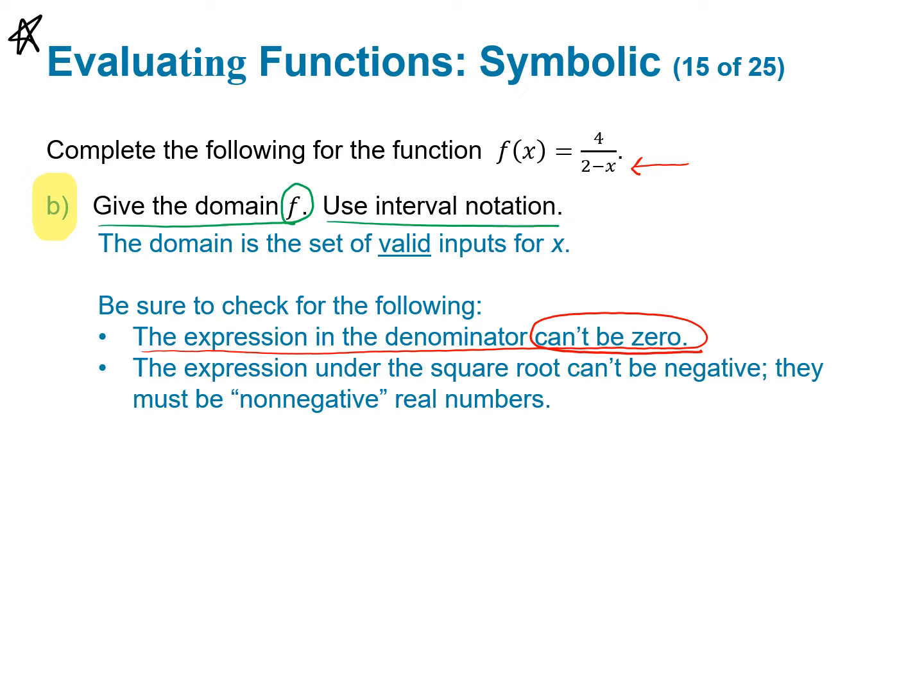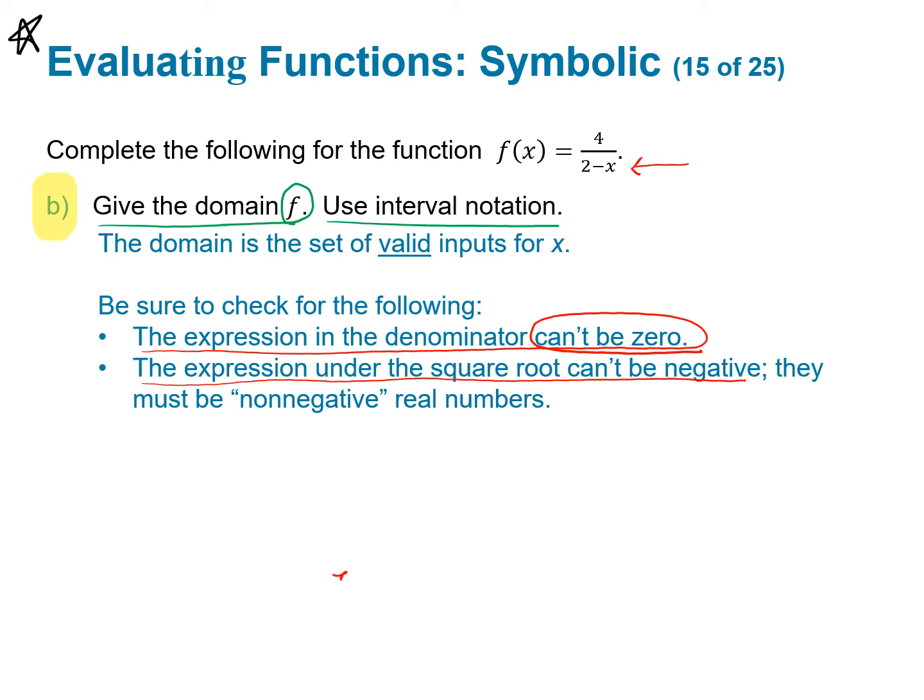Also, if we have any square roots, then the expression under the square root could never be negative, because we don't take the square root of negative numbers in the real number system. So we're not going to have negative numbers under a radical or square root symbol, and we're not going to have anything that is divided by 0.